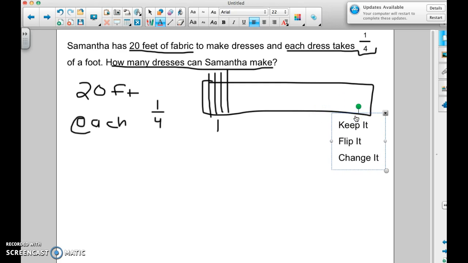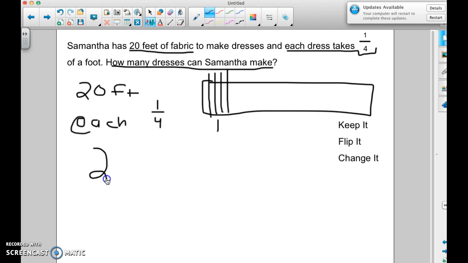Yes, if I follow the keep it, change it, flip it rule that Samantha and Madison and others talked about, I know that I'm seeing how many times 20 can be divided by 1/4. Jake, what would be my first step if we follow Samantha's examples? 20 over 1. Now I keep it. 20 over 1.